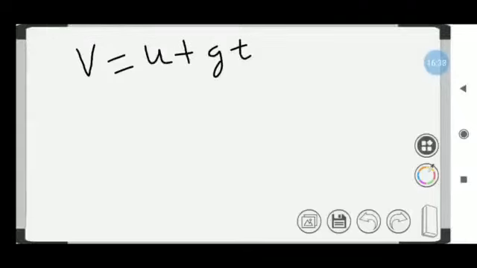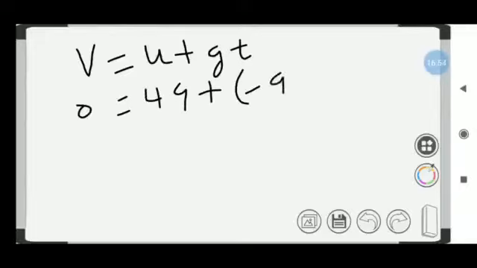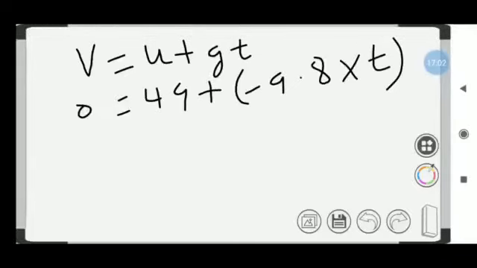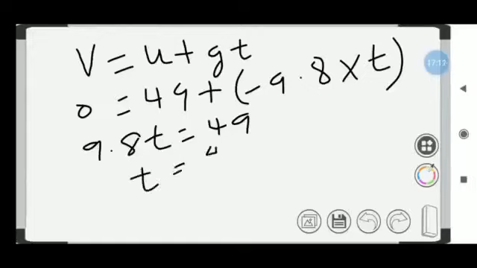So v is 0, u is 49, plus g value minus 9.8 into t. So 9.8 t equals 49. So t equal to 49 divided by 9.8.